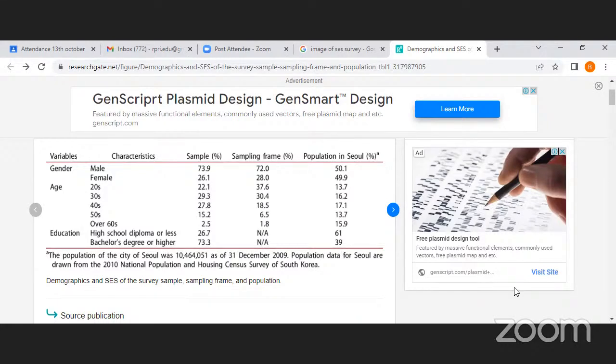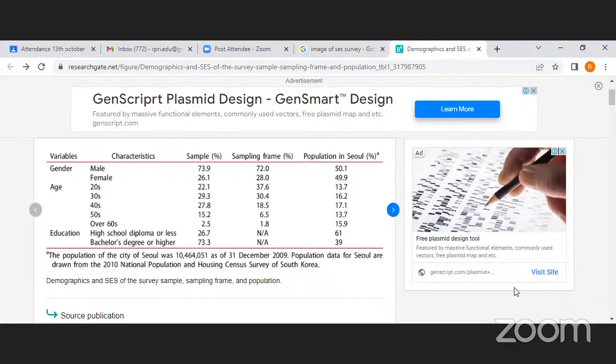And from the sampling frame, you can collect the sample. So what is sample? Sample is the representative of the population.